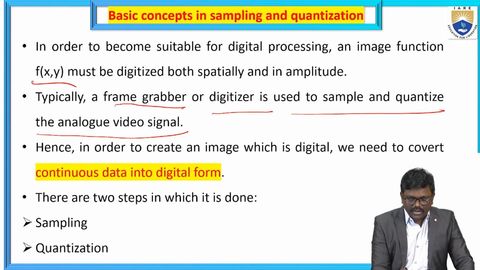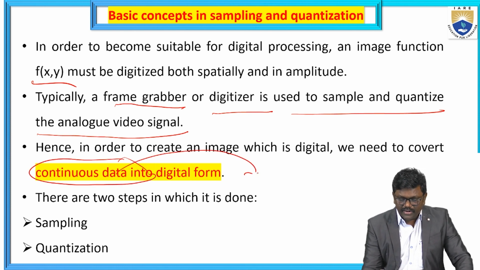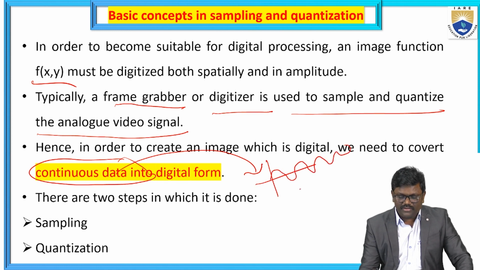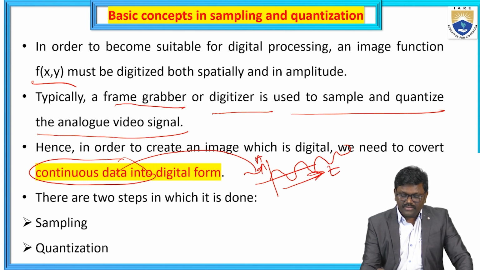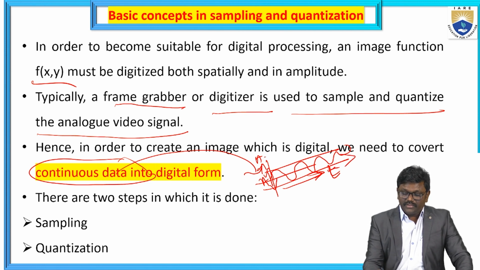So continuous data means, what do you need to understand here? This is nothing but a continuous signal. The duration of the time is continuous, the duration of the signal is continuous. It has a certain amplitude, peak to peak amplitude, and the value of the time factor changes along the x-axis and y-axis.